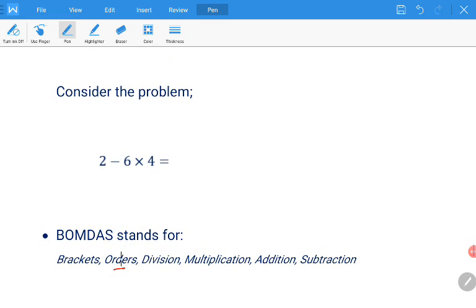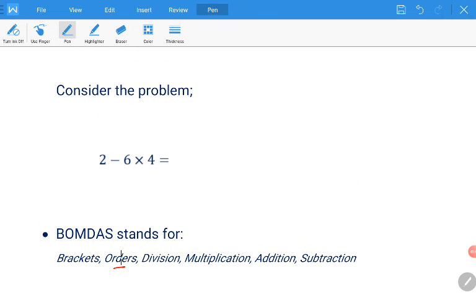So here, trying to solve this one, one would say this is equal to 2 minus 6, which is negative 4, times 4, which gives us negative 16. But this is not the correct answer.